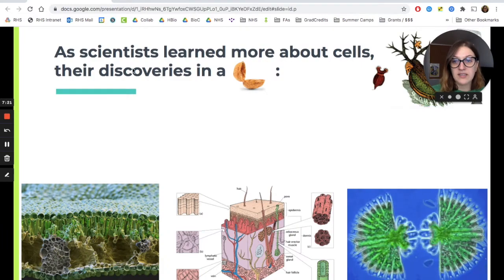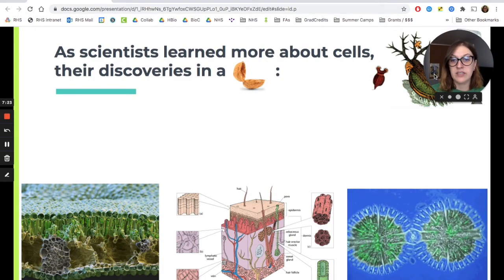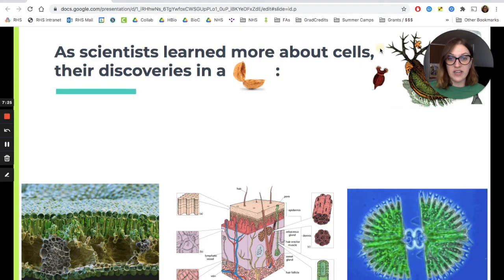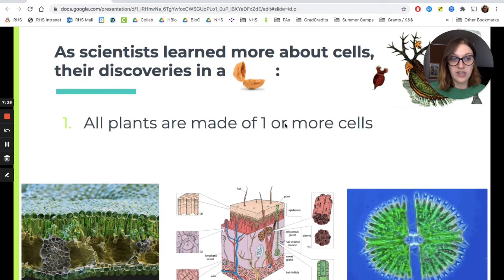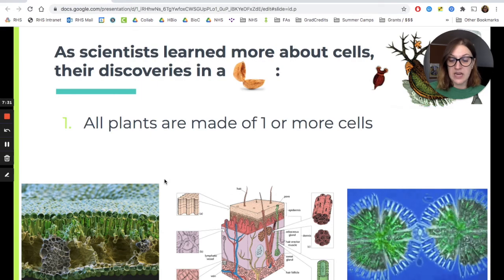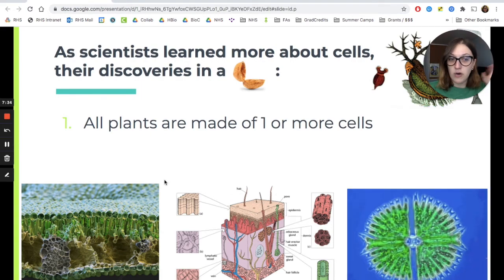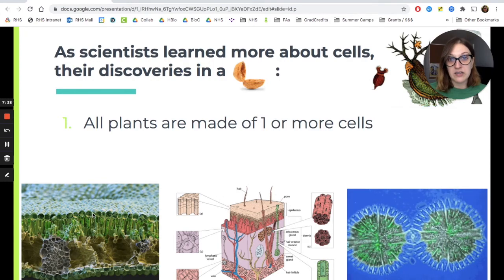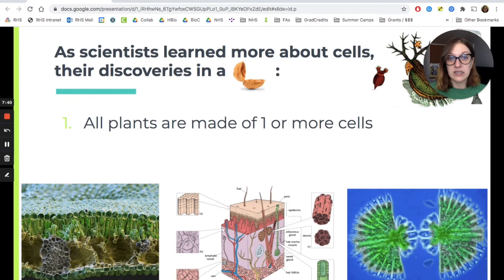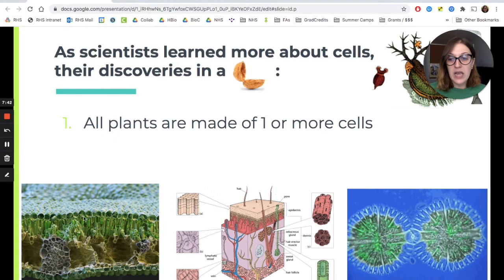All right, so as scientists learn more and more about cells, their discoveries in a nutshell can be summarized as: all plants are made of one or more cells. A scientist by the name of Matthias Schleiden was studying plant cells, and he noticed that every plant that he looked at under a microscope had a similar structure.